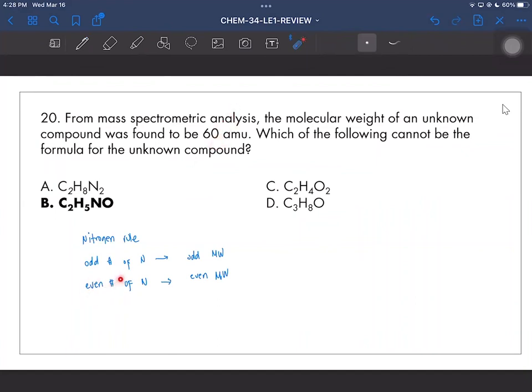So it would have an even number of nitrogen atoms. It can be 0, 2, 4, and so on. And therefore, yung choice B natin has 1. So since it has an odd number of nitrogens, it cannot have an even molecular weight. Therefore, our answer for this problem would be letter B. So we can solve the molecular masses for all these compounds, but the simpler way would be to use our nitrogen rule. So yun yung for number 20.